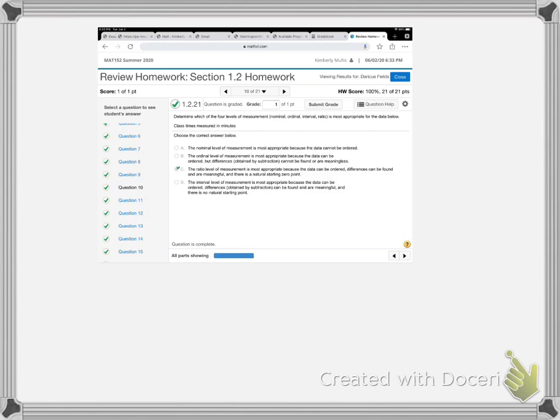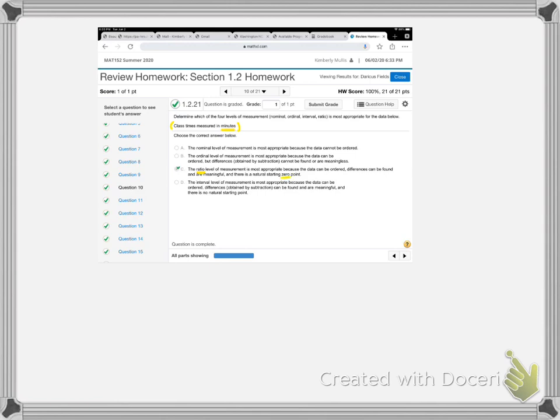The next example we're given is class times measured in minutes. With this, we know that we're dealing with numerical measurement, where differences do matter. When we're dealing with minutes, we know that we're dealing with ratio data, because there is a natural 0.